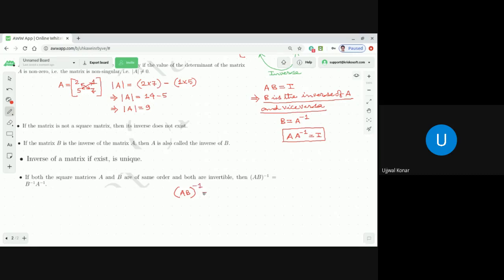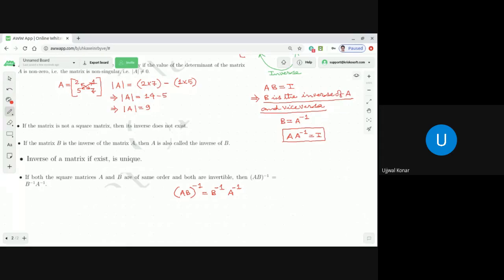First you take B inverse, and that matrix is multiplied with A inverse. If you recall, dear students, during the discussion of the transpose of a matrix, we also learned that (AB) transpose is equal to B transpose into A transpose.